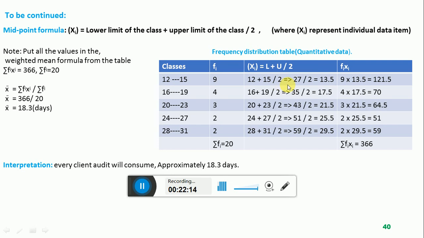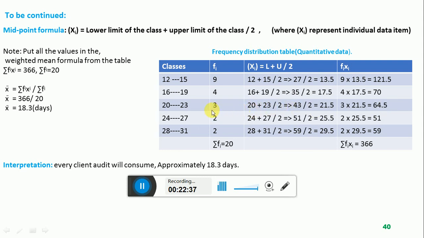One thing must be clear to you, that these are the data items and these are the frequencies, where frequencies represent the weight of each class. So for the third class, frequency weight is 3, data item 21.5. 3 multiplied by 21.5 is equal to 64.5.